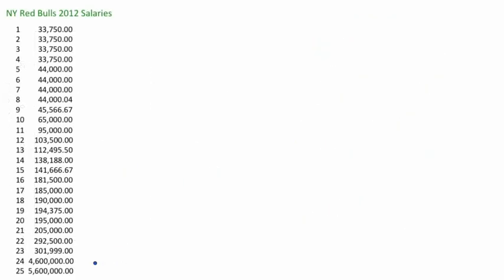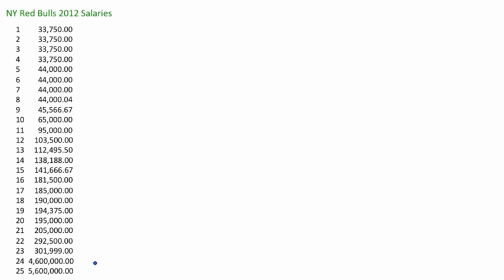As an illustration of the robustness of the median and trimmed mean versus the mean, let's look at a smaller data set. Here are the salaries in US dollars announced in May 2012 for the 25 players on the New York Red Bulls, a soccer team in the MLS. I've put them in order from smallest to largest.